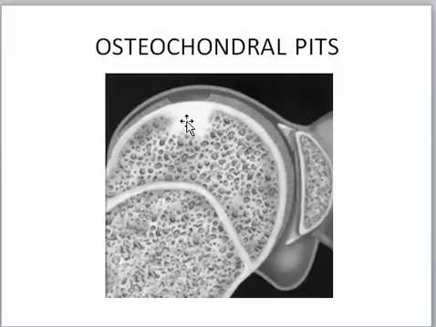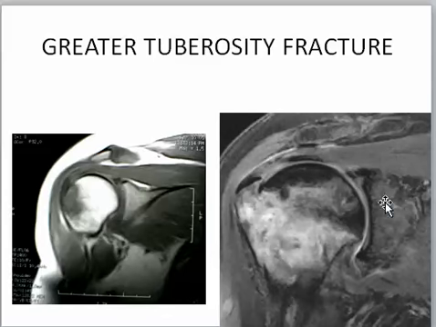This is cartilage, this is bone, so it's called osteochondral pits, osteochondral lesion. This is a greater tuberosity fracture, and here there is bone edema due to fracture of the greater tuberosity.